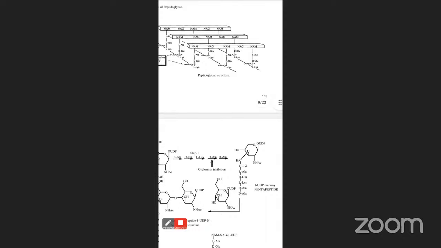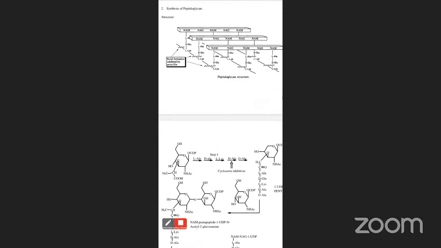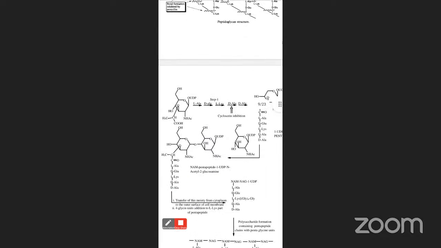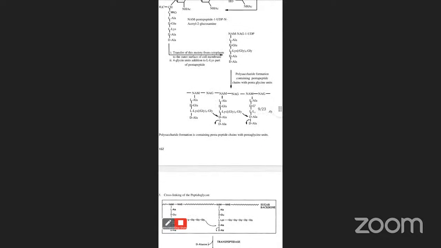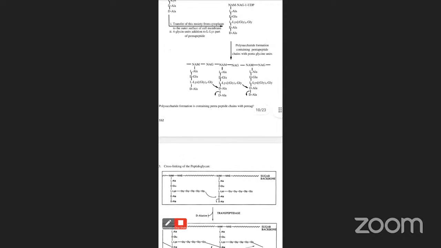It is a giant structure, a protein. It is nothing but your protein only, right? And by cross linkage of all these peptidoglycan chains, the cell wall preparation takes place, right?